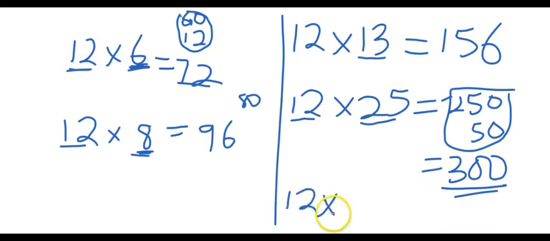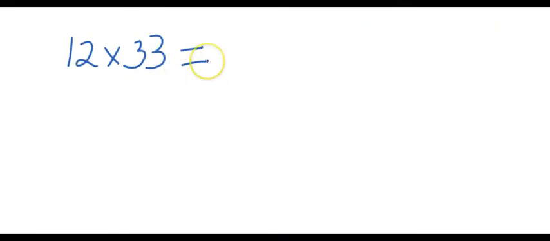So let's take another example and see. I have 12 times, let's say, 33. So again, we are going to keep 330 in our mind. And then we double 33.